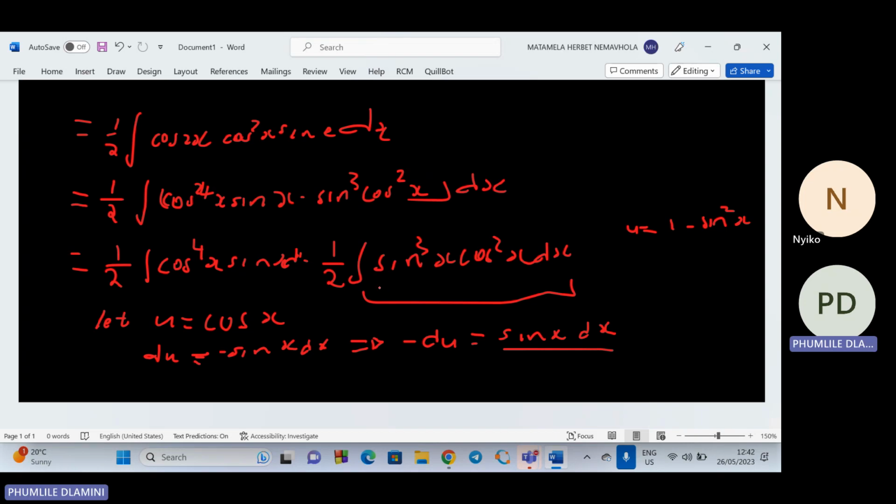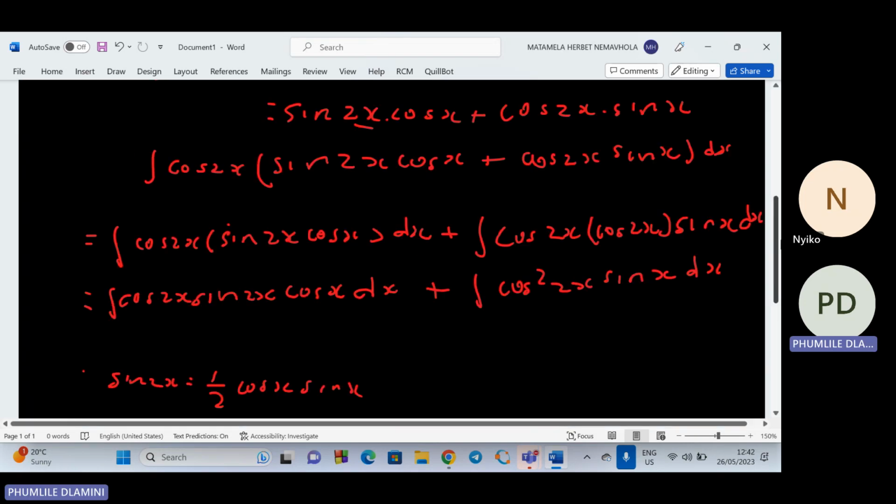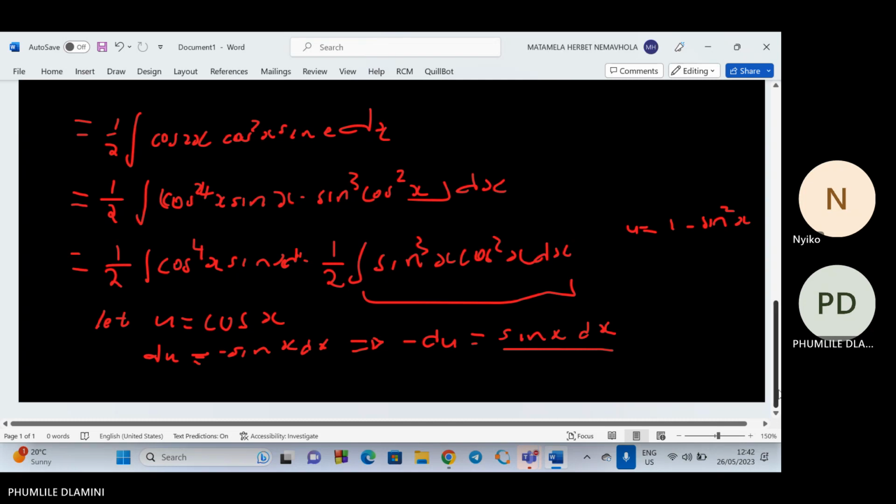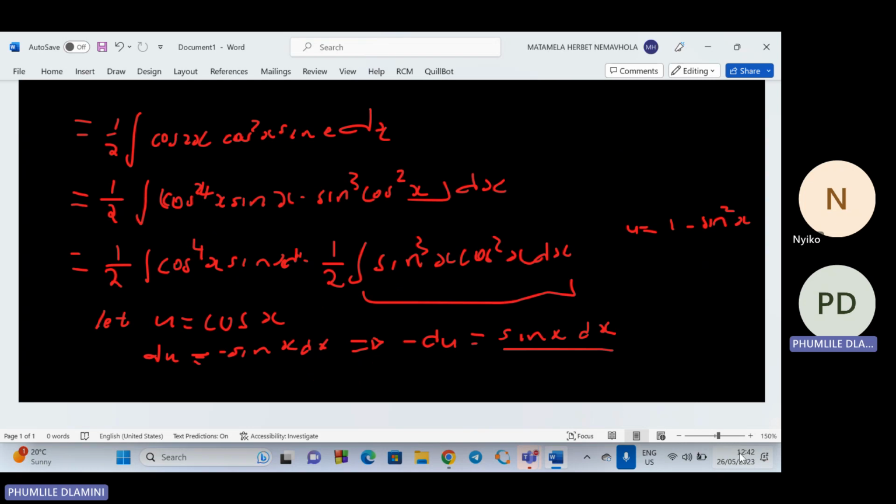So if we change it, is it going to work for us? That's the question. Or must we change maybe one of these to be cos squared? So when you work it out, for this part here, we're already done with this part because I already substituted.